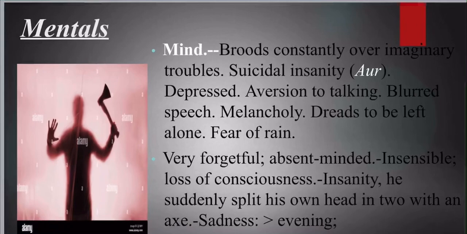He constantly broods over imaginary troubles, and the person wants to commit suicide. There is suicidal insanity. He is depressed, has aversion to talking, doesn't like talking to anybody, blurred speech, melancholy that is full of sadness, dreads being left alone, fear of rain. The person fears rain, which is very peculiar.